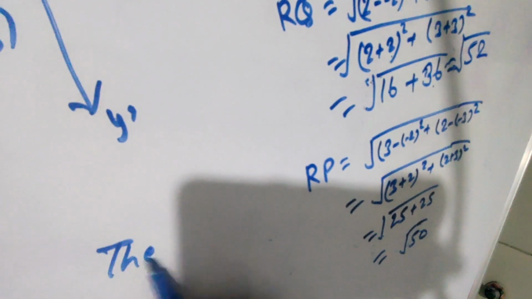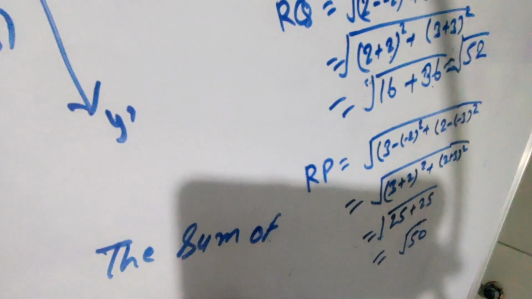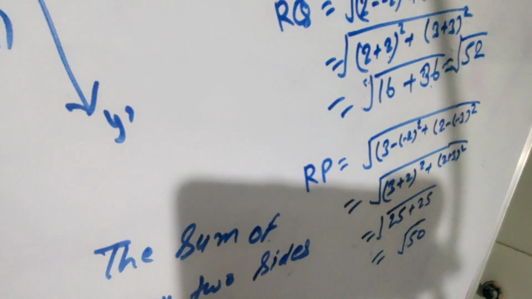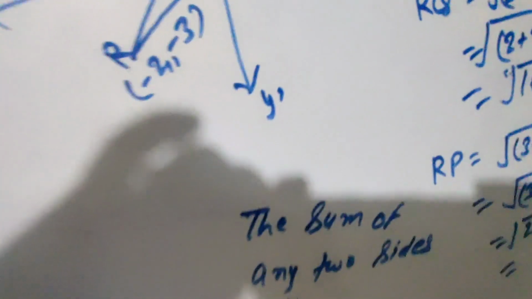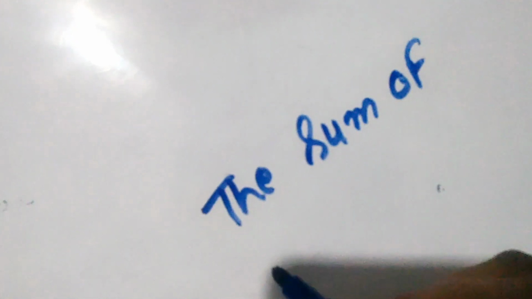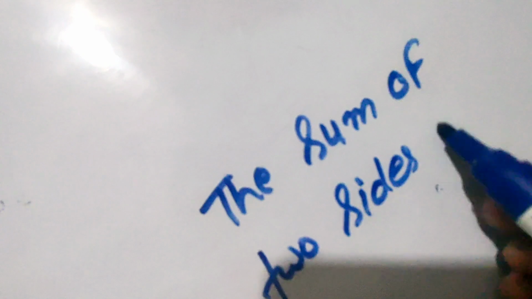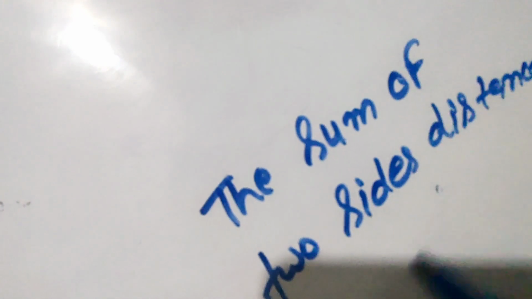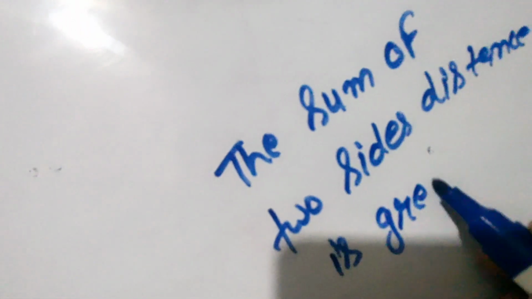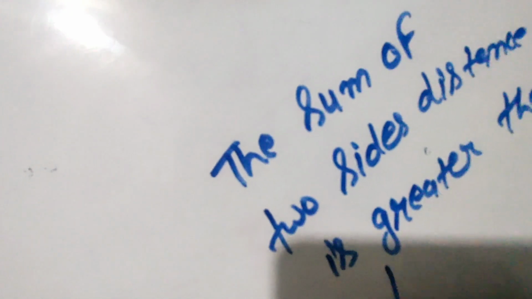Here the sum of any two sides' distances is greater than the third side.